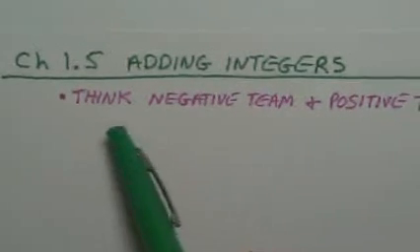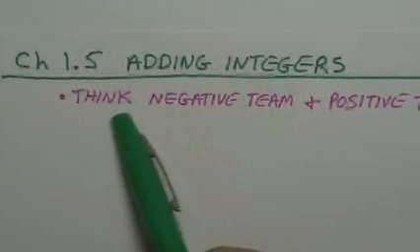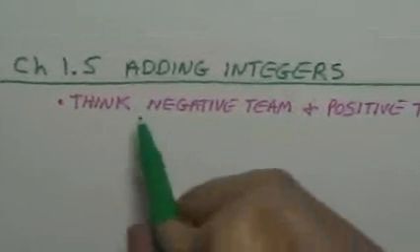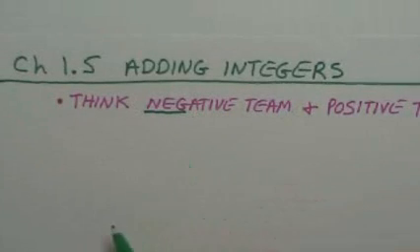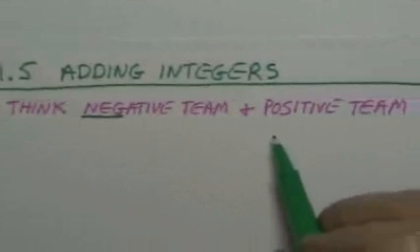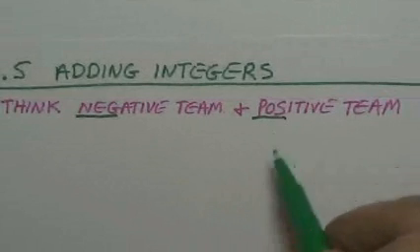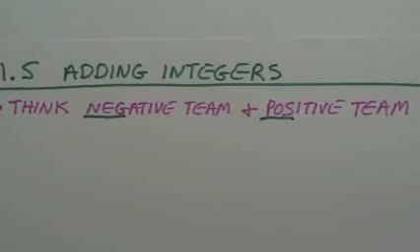Now, to help you, when adding integers, what you need to do is think of a negative team, and if you want to abbreviate, go ahead, and a positive team. There's a negative team and a positive team.